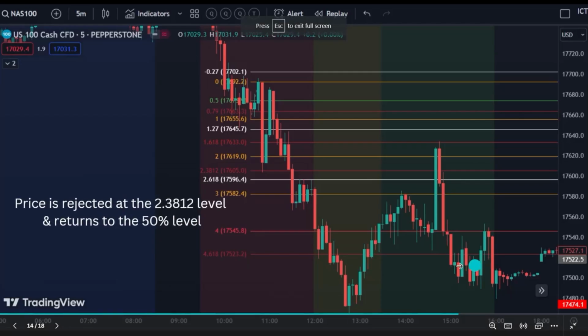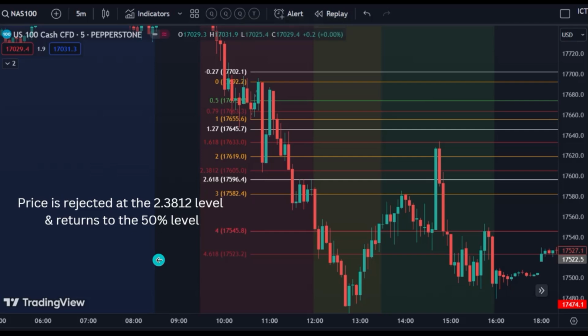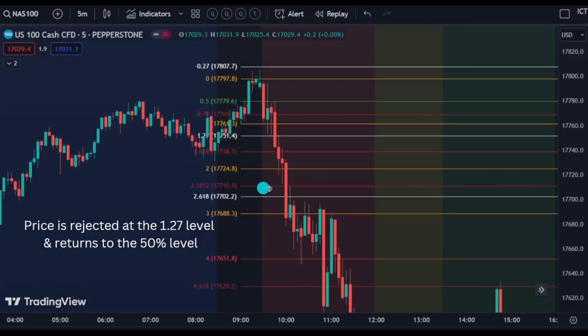In this example, price is rejected at the 238.12 level, right here, and then returns back to the 50% level for an entry. This is actually the continuation of that previous move. If we look on this chart, we see the move happens to the 400, consolidates, and then creates another move.